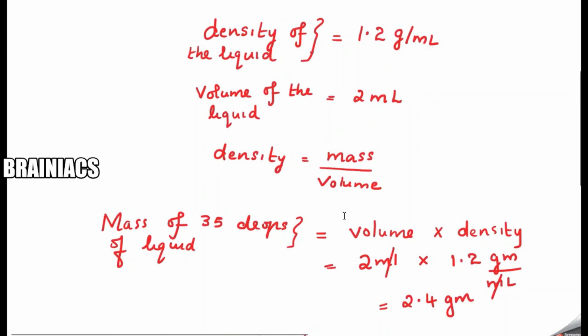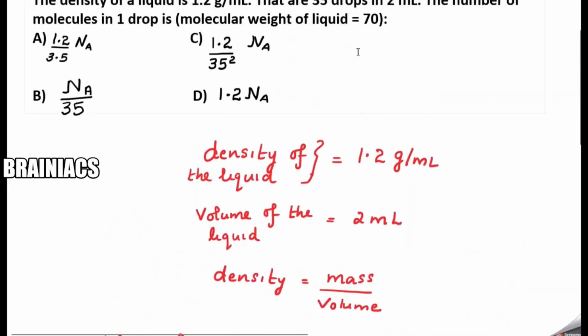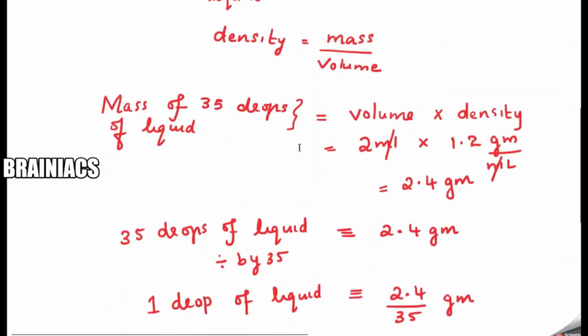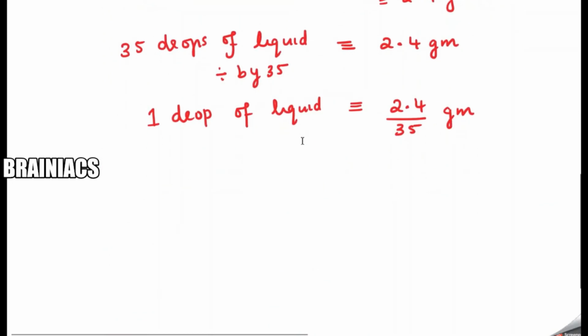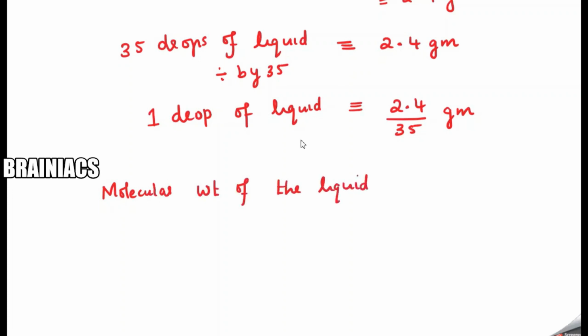Now, they have given one more clue. Molecular weight of the liquid is given as 70, so we will note that down: molecular weight of the liquid is equal to 70 gram. Molecular weight expressed in grams, correct. Now tell me, what is the relation between molecular weight of any substance and Avogadro number?